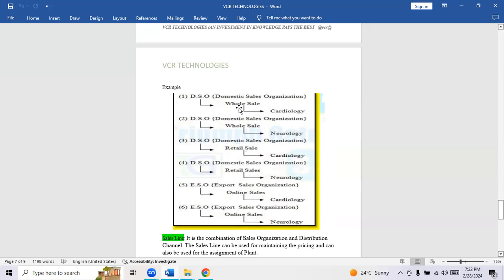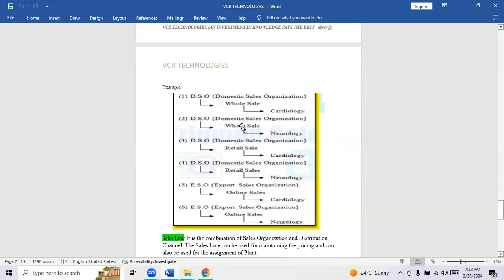And the export sales organization also has 2 divisions only. Why? Because the export sales organization has only one distribution channel, that is online sales. So here it sells only cardiology and neurology through online sales only. This is the simple example of a sales area.